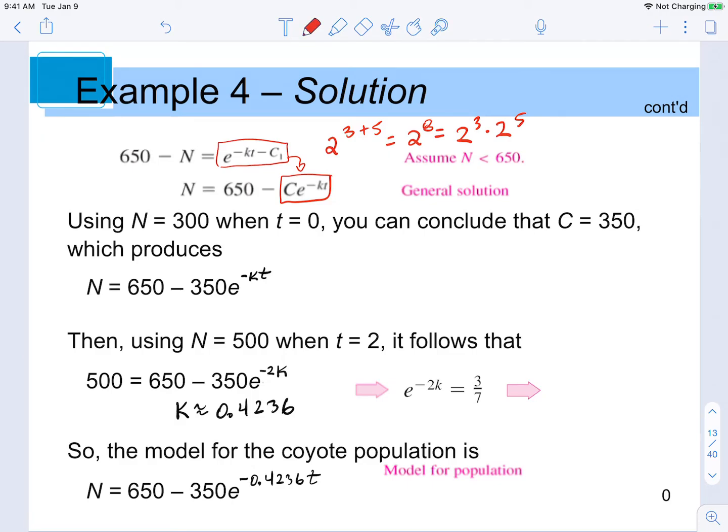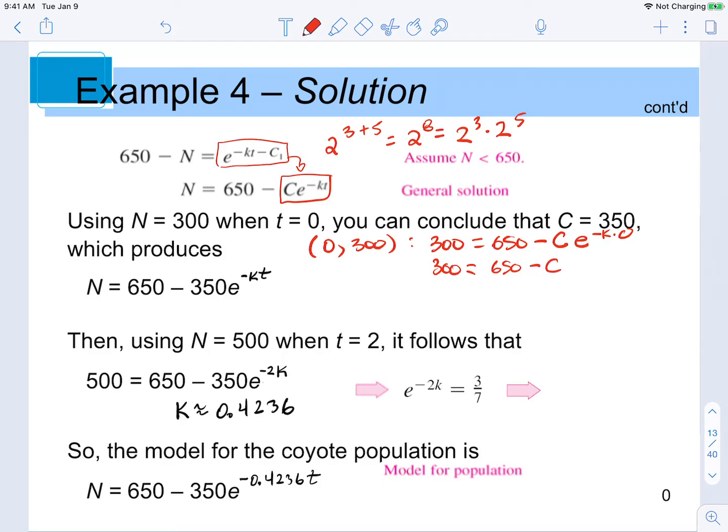Remember that we were told, we were given a point, the point 0, 300. And so when we do that to this equation here, here's what happens. So 300 equals 650 minus c e to the negative k times 0. k times 0 is 0, negative 0 is 0, e to the 0 is 1. 1 times c is c, so you get 300 equals 650 minus c.